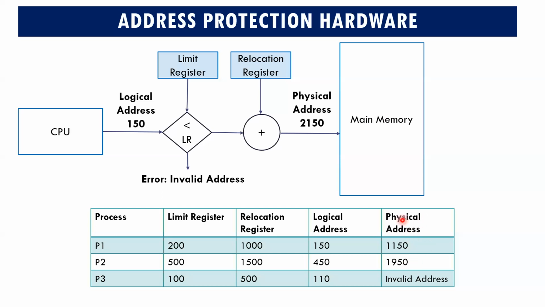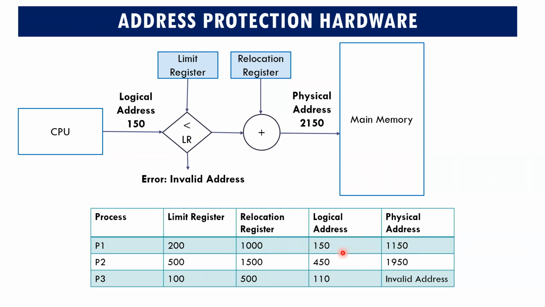In order to compute the physical addresses for the given logical addresses, first of all, we have to check whether the logical address value is less than the limit register value. If it is less, then it is a valid memory access. In such a case, we can add the values of the logical address and the relocation register value in order to get the physical address.